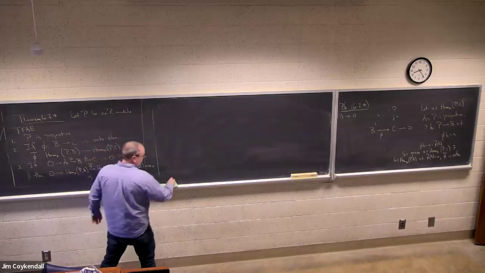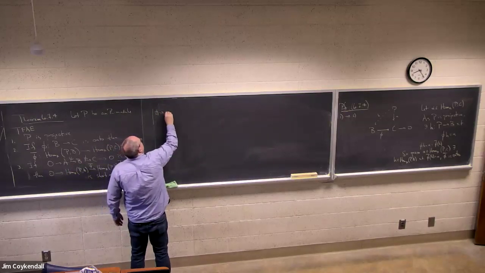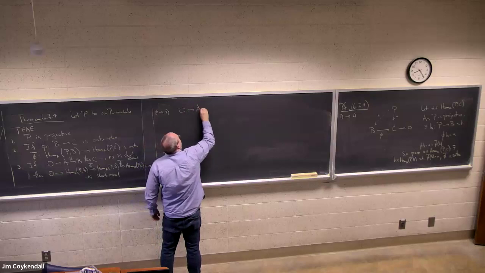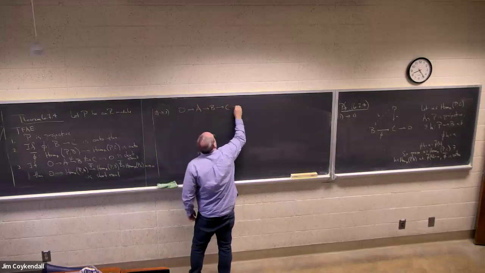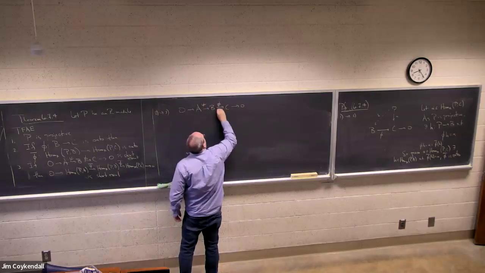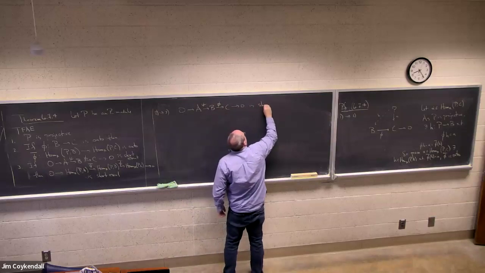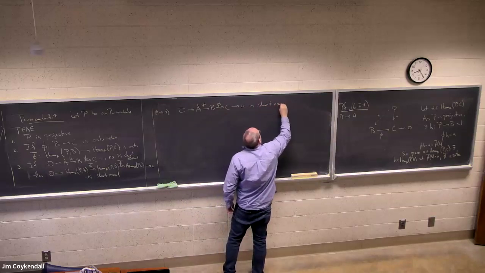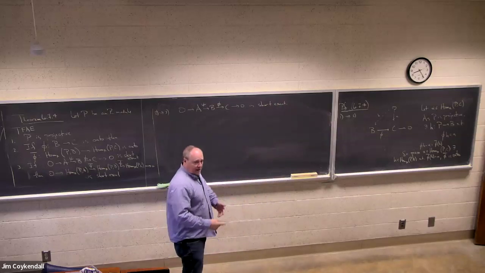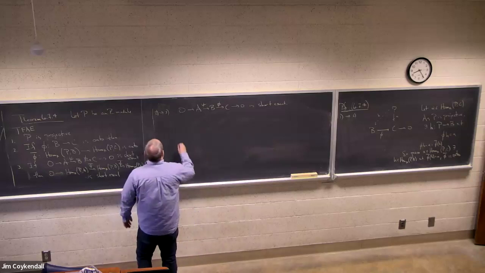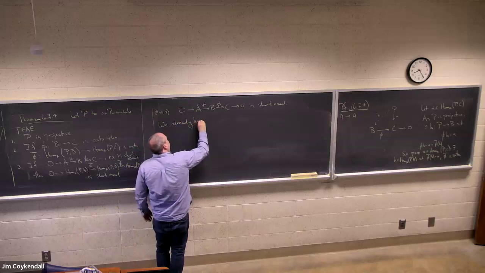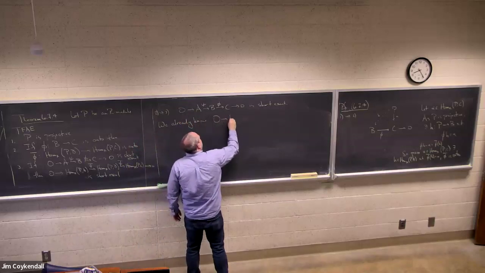And the 3 statement here, what we want to show is we're given 0, A, B, C, a short exact sequence. Now, what we already know that we get for free, if you will, zero.